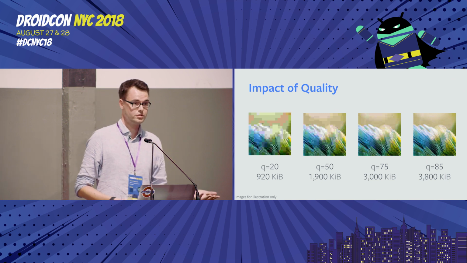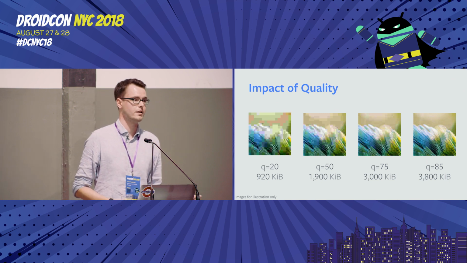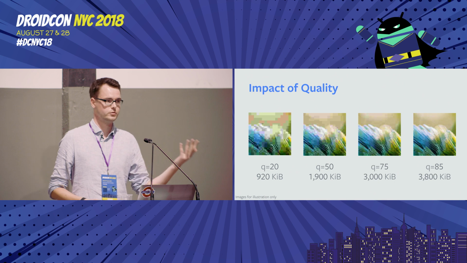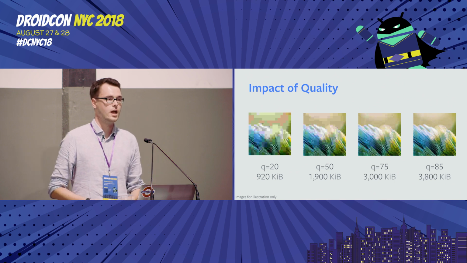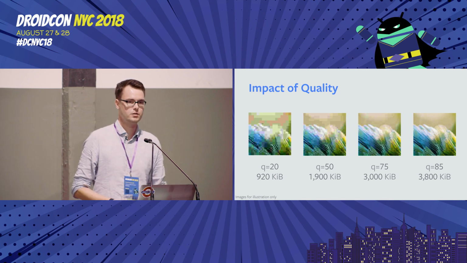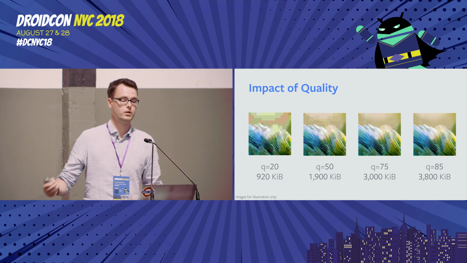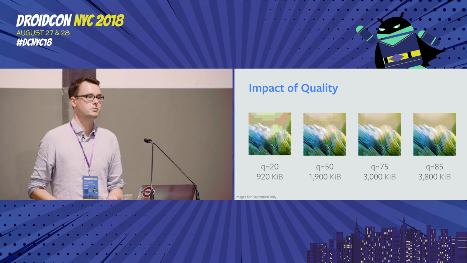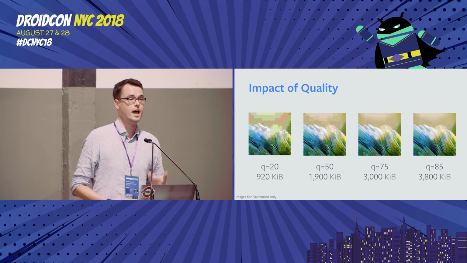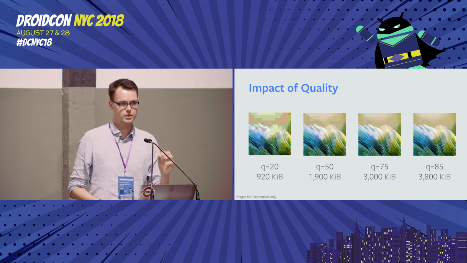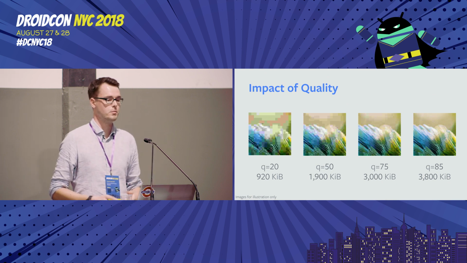It's important to know that that quality setting that we often set, that goes between 1 and 100, is not a percentage of quality, but rather just tells the encoder to either optimize for file size or for quality. Very high values can mean that you still lose quality and increase file size. We'll talk a bit more about this later on, how to choose these parameters in a good way.